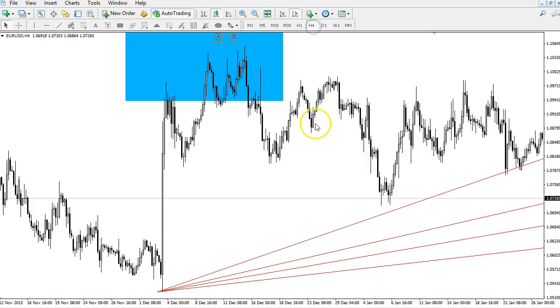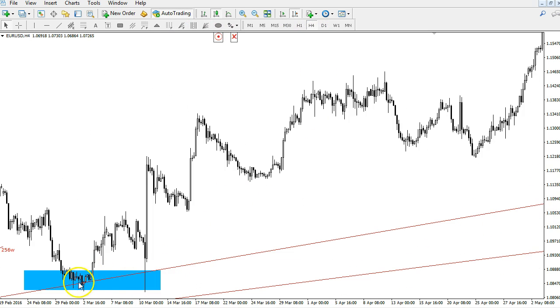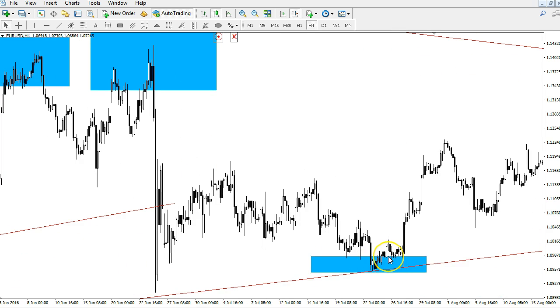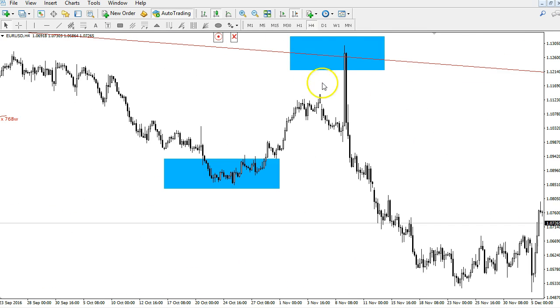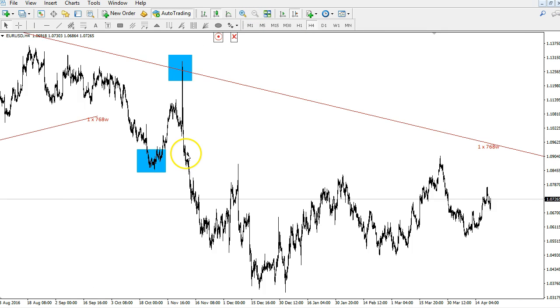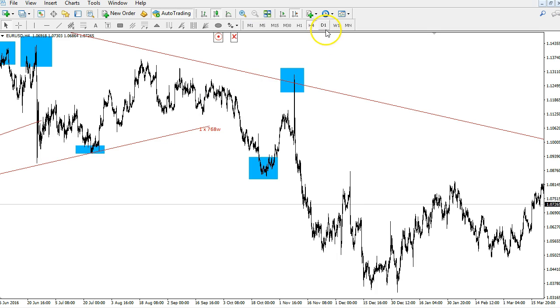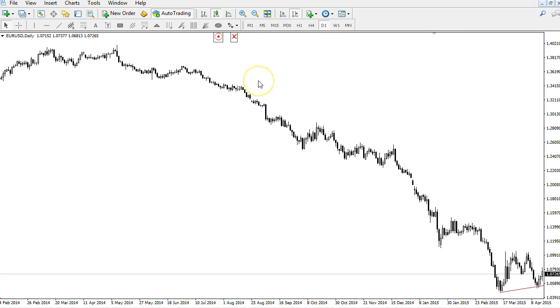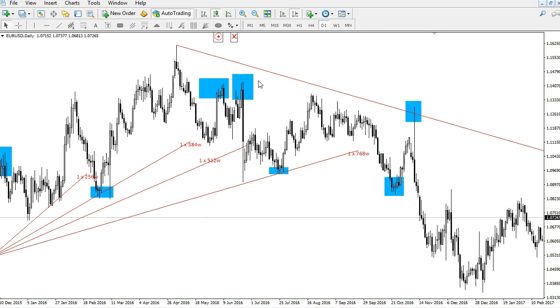If we move to the 4-hour chart to see the reaction on the 4-hour chart, you can see that the lines remain the same. Here lines remain the same, and so on. So this is how I fix the problem of the scale in MT4.